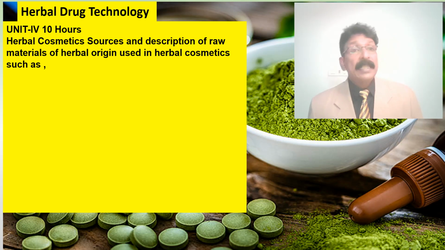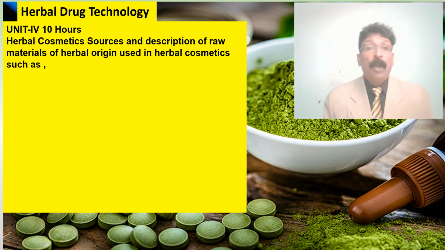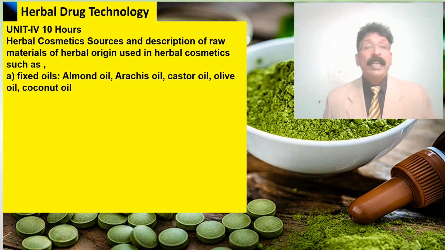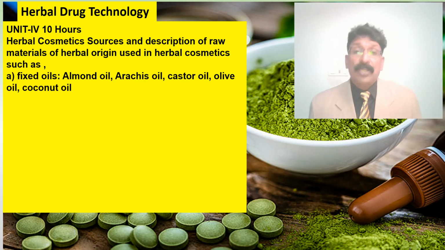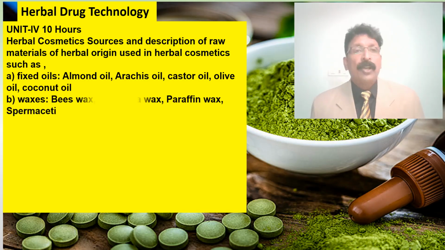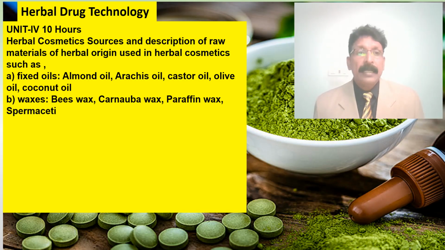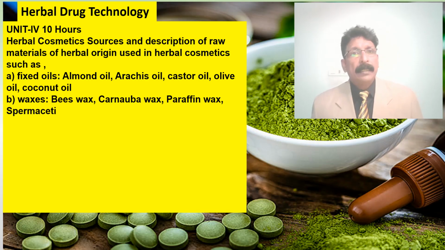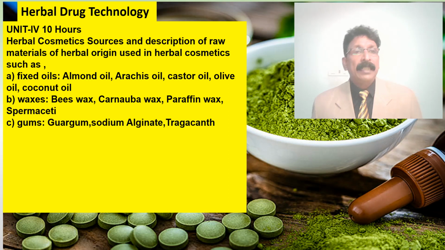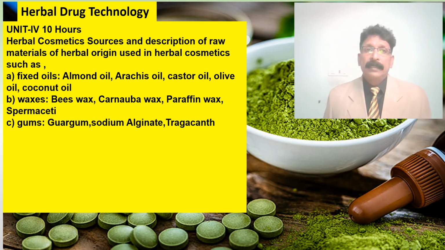In this chapter you can see herbal cosmetics, sources and description of raw materials of herbal origin used in herbal cosmetics, such as fixed oils: almond oil, arachis oil, castor oil, olive oil, coconut oil. Separately they are asking questions. Waxes: beeswax, carnauba wax, paraffin wax, spermaceti. Gums like guar gum, sodium alginate, tragacanth.